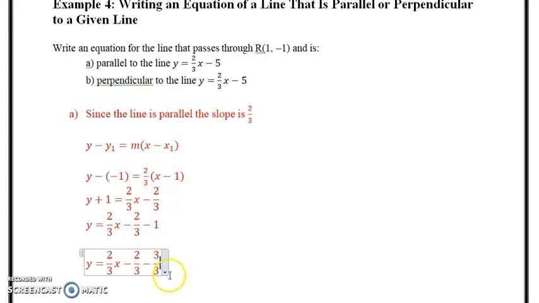We find a common denominator, and once we change that to 3/3, that becomes 5/3. So the equation of the line that passes through the point 1 and that is parallel is going to be y equal to 2/3 x minus 5/3. Okay?